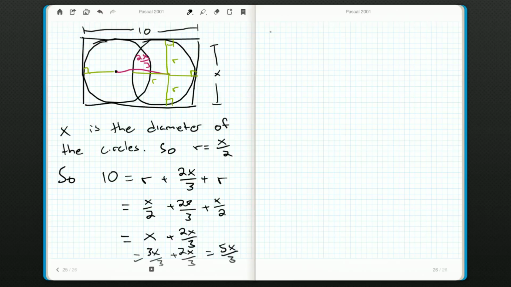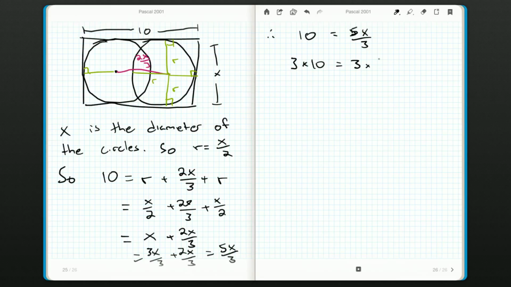So now we know 10 is equal to 5x over 3. So if I want to get x by itself, well, I did 5x divided by 3. The last thing I did was divide by 3. So the first thing I'm going to want to do is get rid of that by multiplying by 3.